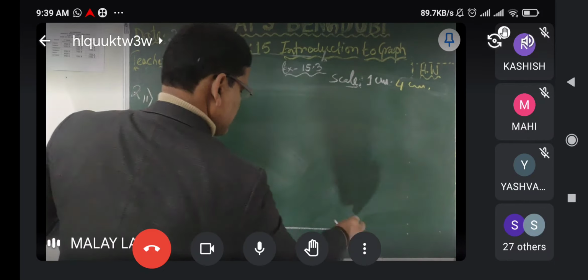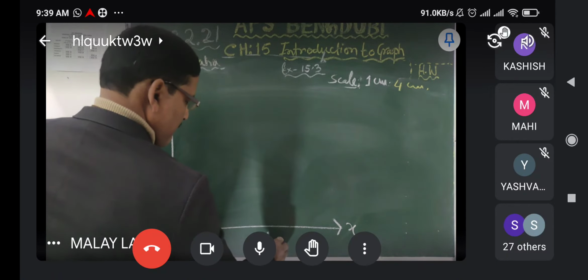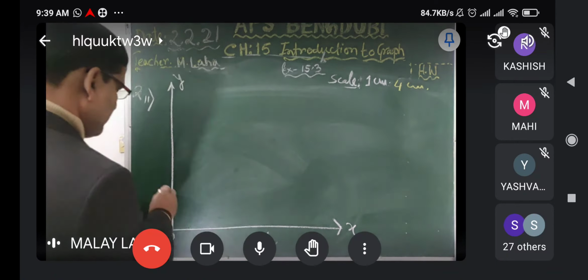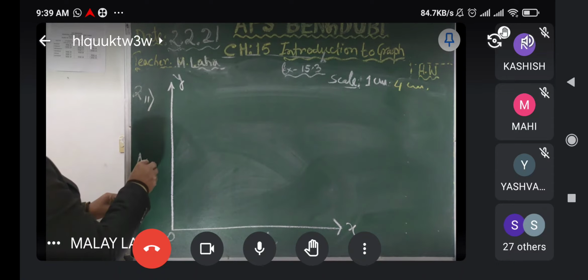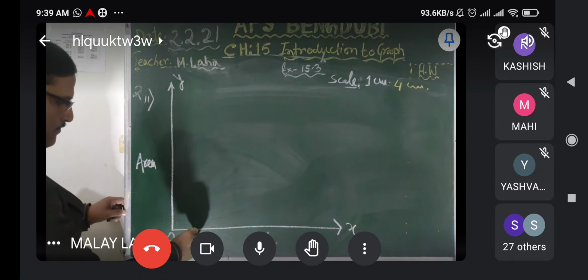So this is the x-axis. This one is the y-axis, origin. So this is sides, and this is area. So first one is 2 centimeter.